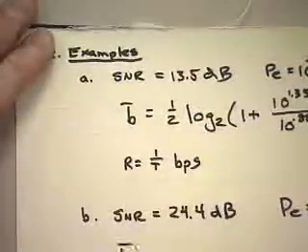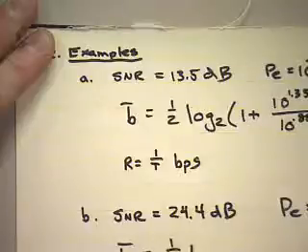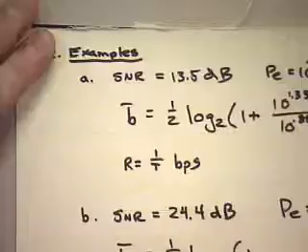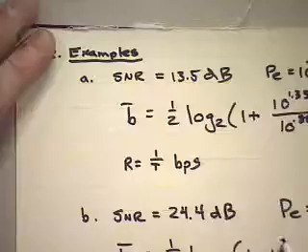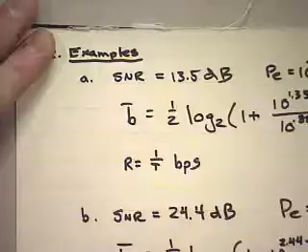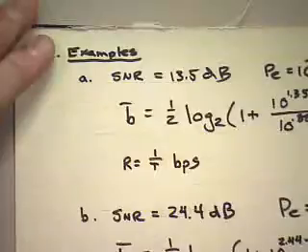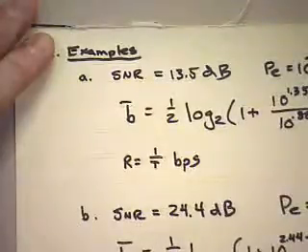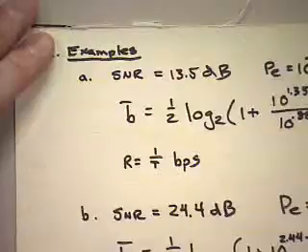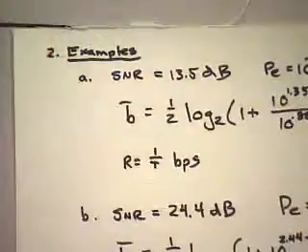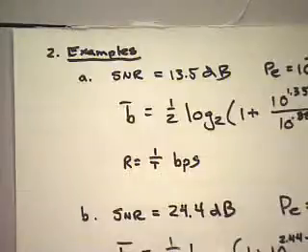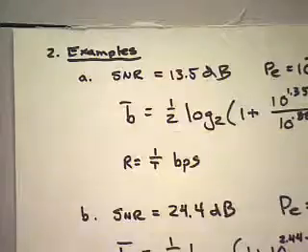Then my B bar on this channel would be 1/2 log base 2 of 1 plus, and I'll do it a little more quickly this time, 10 to the 2.44 over 10 to the 0.95, knowing that the gap for 10 to the minus 7th is 9.5 dB. This works out to be 2.5 bits per dimension. So suppose my symbol rate were 10 megahertz in a QAM system, and I had this signal-to-noise ratio, I could get 25 megabits per second pretty easily using the gap approximation.